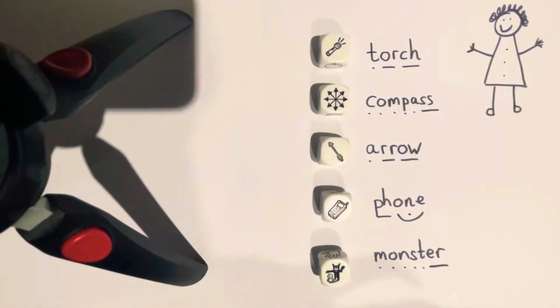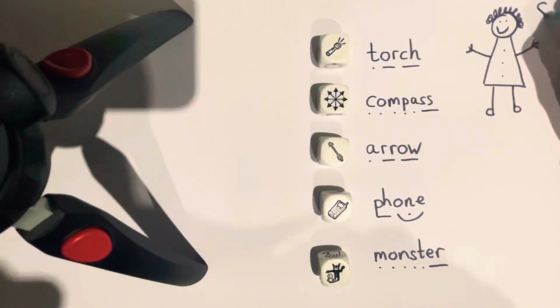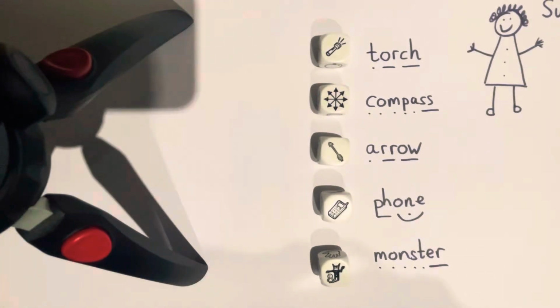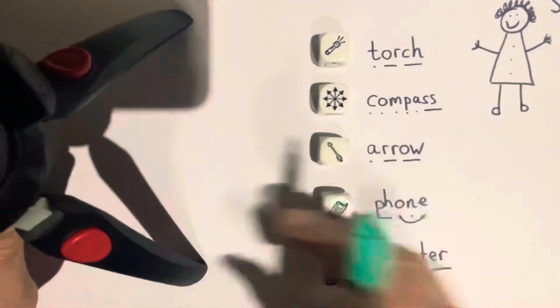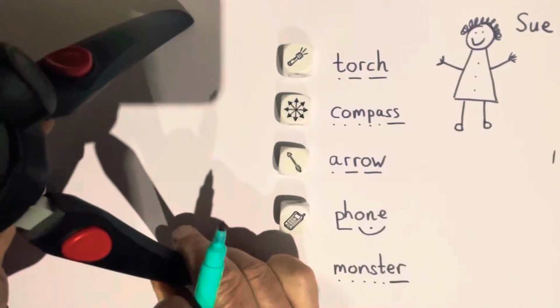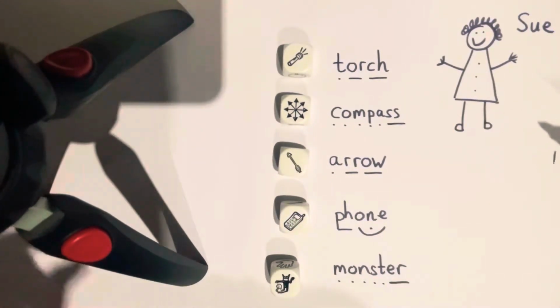What's her name? Let's call her Sue. This is Sue. There we go. Well, just move that across a little bit so we can get Sue's name in. There you go, Sue.